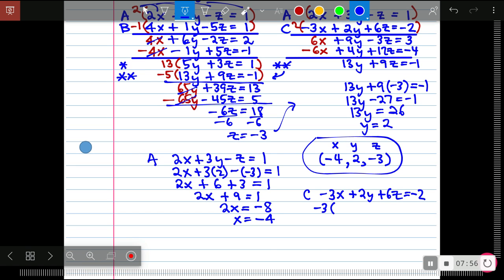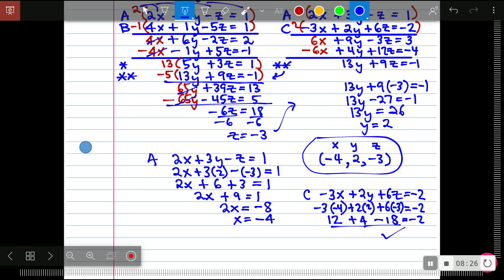Negative 3 times negative 4, I'll go ahead and put 12 down below there, plus 2 times the value of 2, which is y, and that's plus 4, and then plus 6 times negative 3, which would be minus 18, and it's supposed to add up to negative 2. So let's see what we got here. This is 16 minus 18, it gives negative 2. So we do have the right answer.